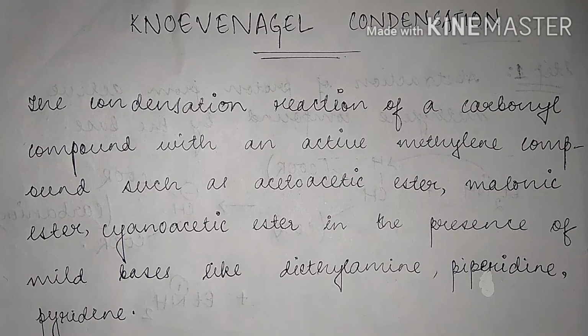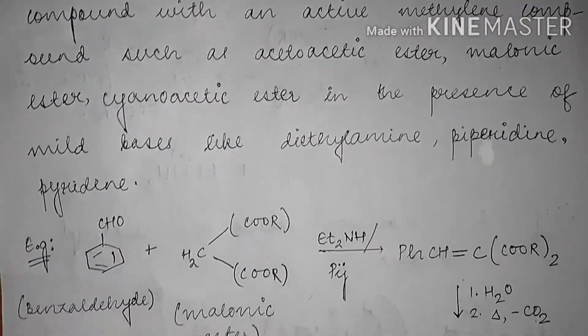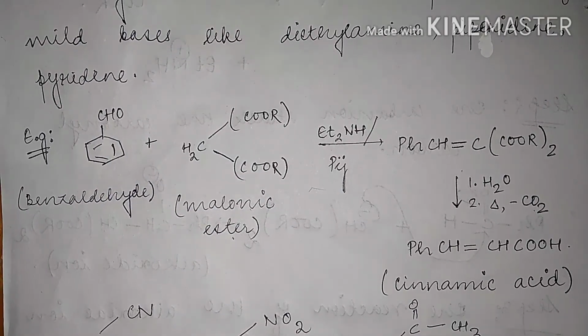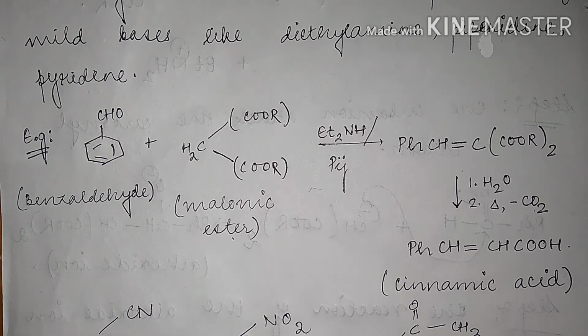So now we can say that Knoevenagel condensation is a modification of aldol condensation. Some important points to remember: both aromatic and aliphatic aldehydes give this reaction. For steric and electronic reasons, ketones are less reactive than aldehydes.